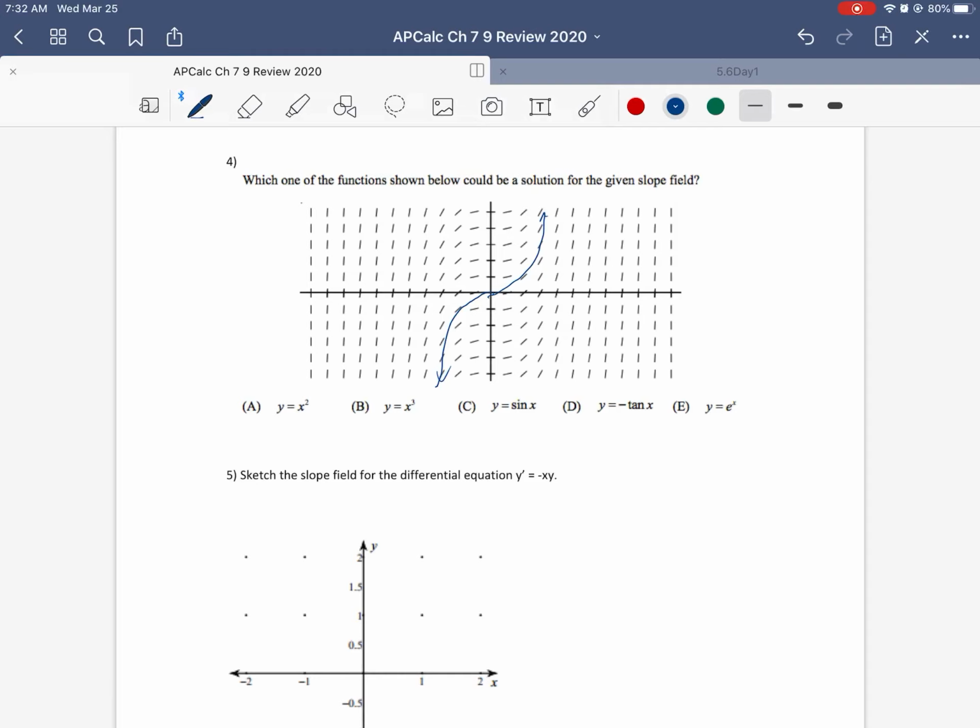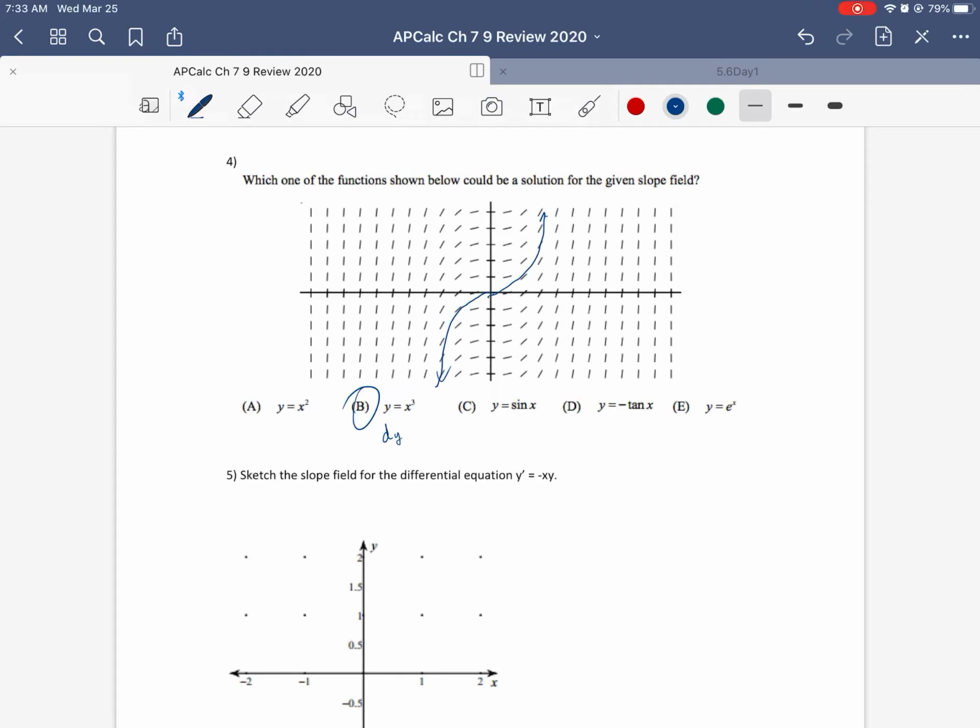I don't see a sine wave because that would be going up and down. I don't see a tan because that should be repeating, with vertical asymptotes and multiple branches. And e to the x, I also don't see, because that should have a horizontal asymptote at 0. So my best case is x cubed.